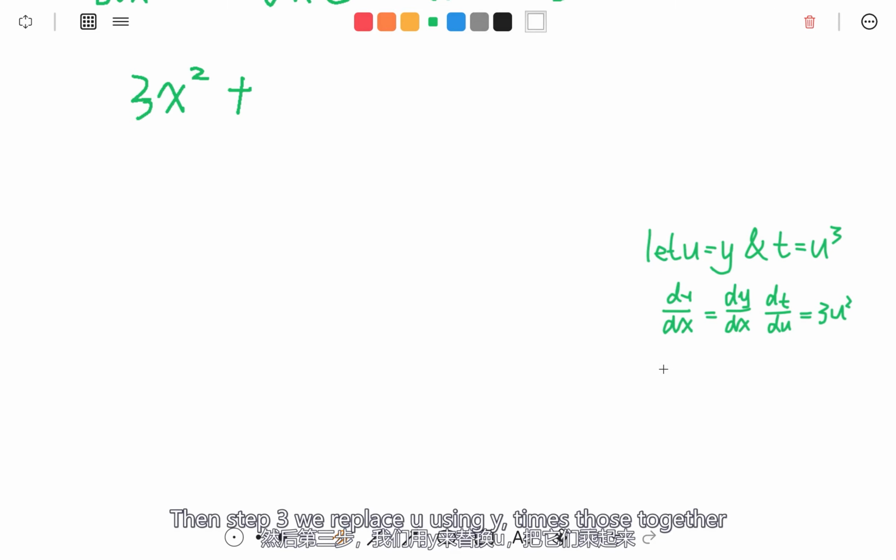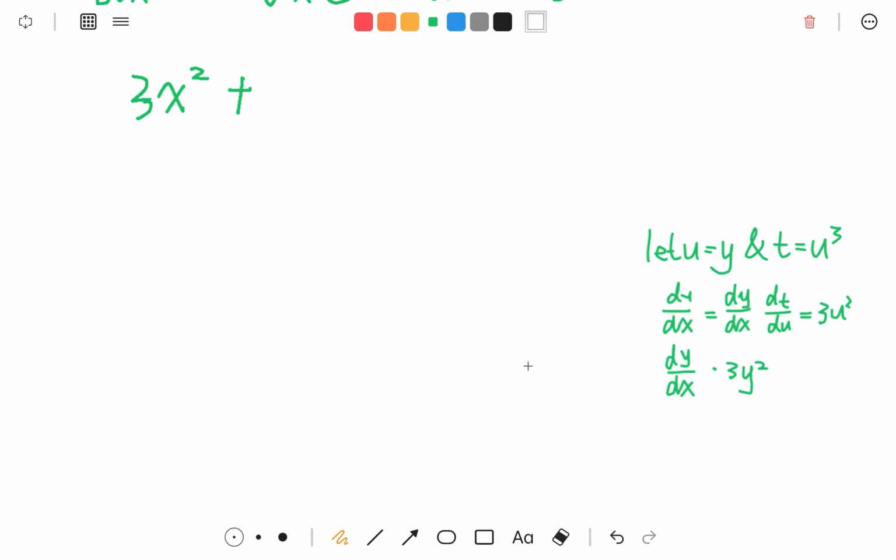Then step 3, we replace u using y, and then multiply these two together. So here is dy dx times 3y squared.